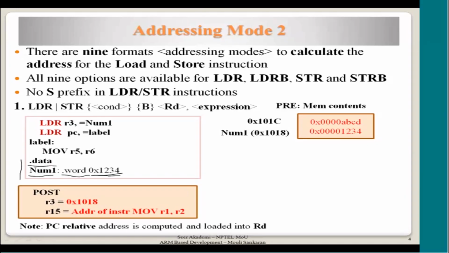When you are loading this particular program into the simulator, some part of the memory is reserved for code, and then some space has to be kept for data. My handwriting is very bad, sorry about it. So who decides where the code has to reside and where data has to reside?